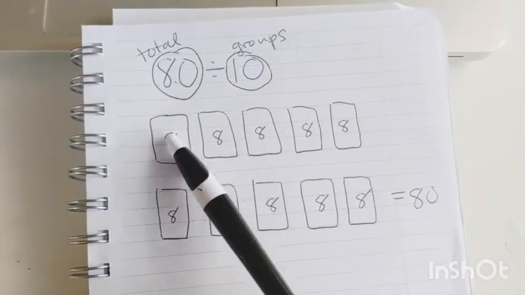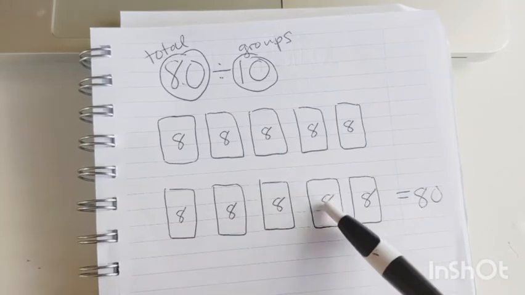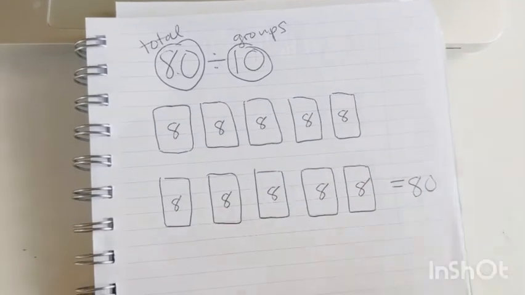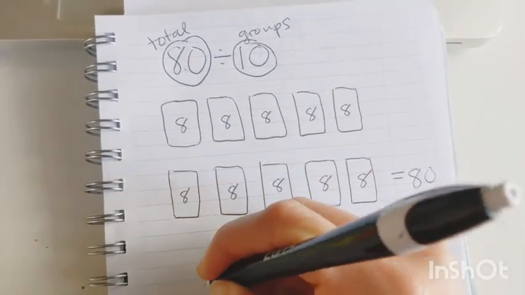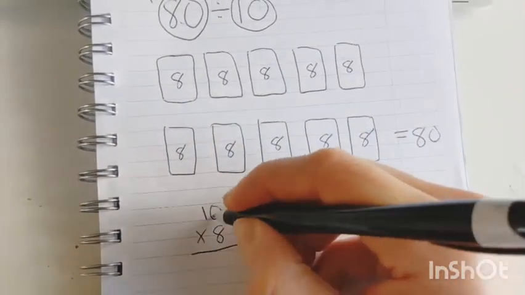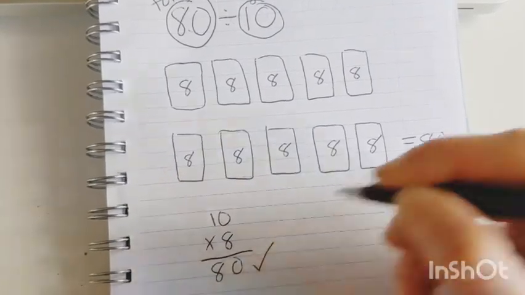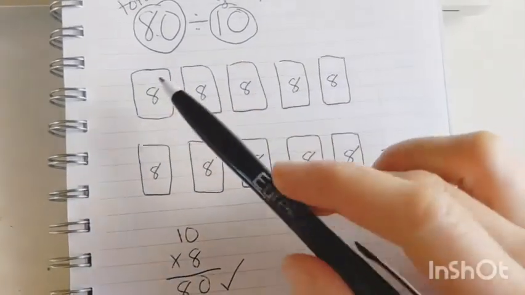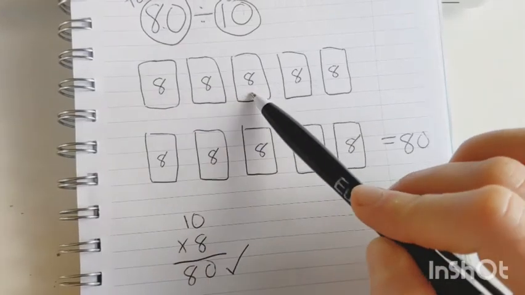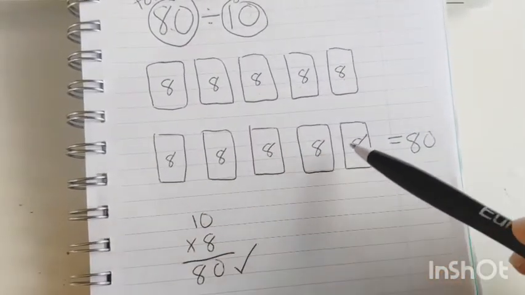So you can add 8 plus 8 plus 8 plus 8 plus 8 plus 8 plus 8 plus 8 plus 8 plus 8. Or you can do 10 times 8 to double check that my answer makes sense. Okay, that checks out. So I have 10 groups with 8 in each group.